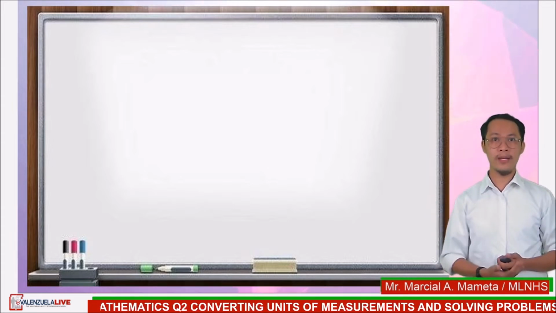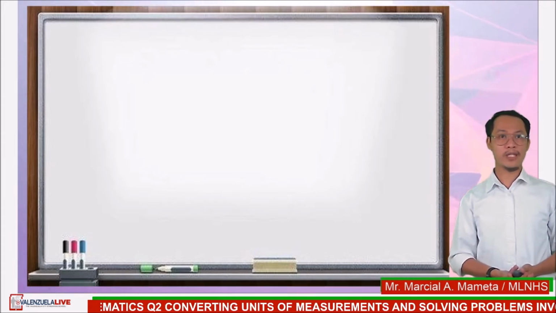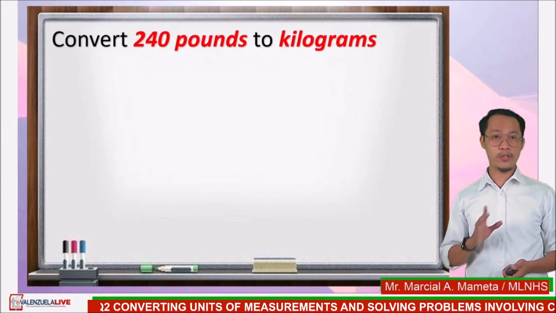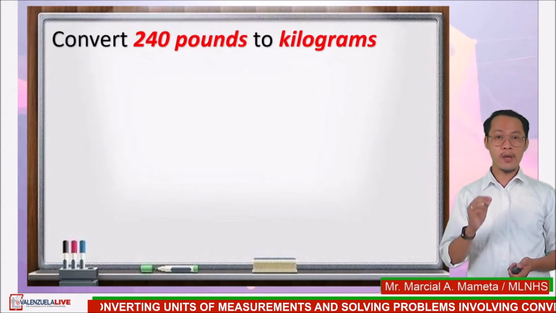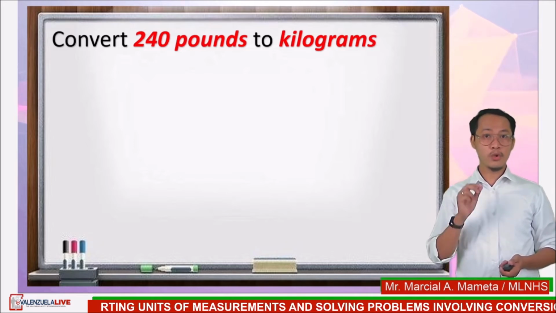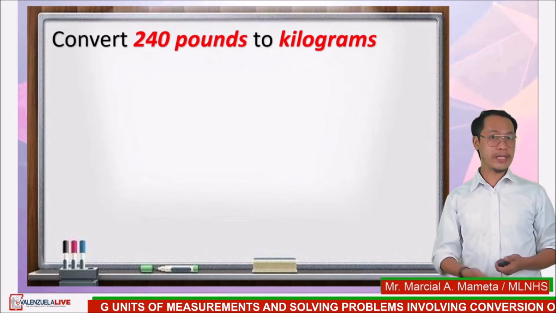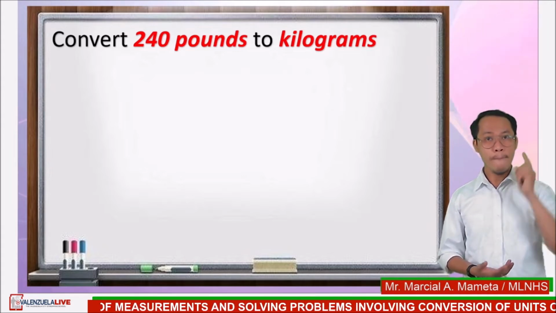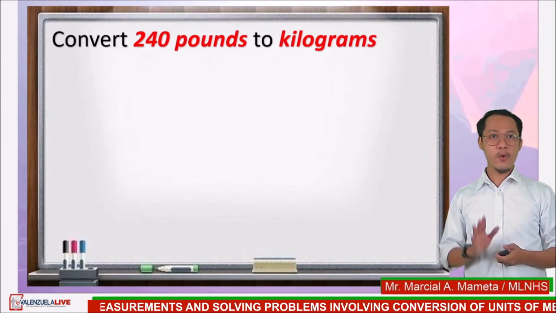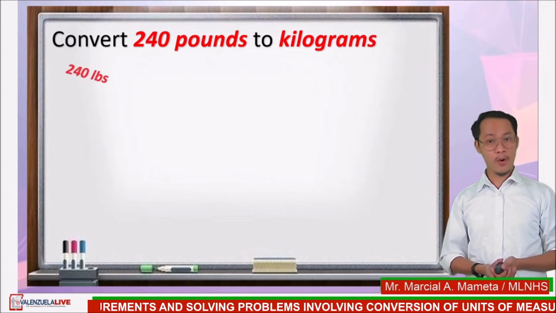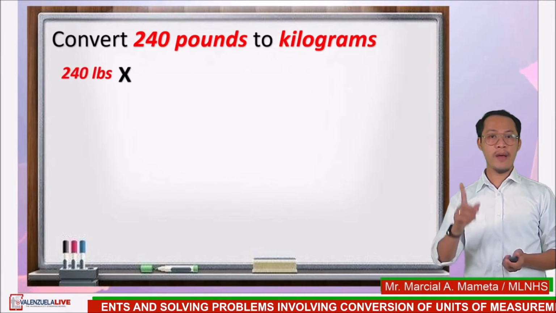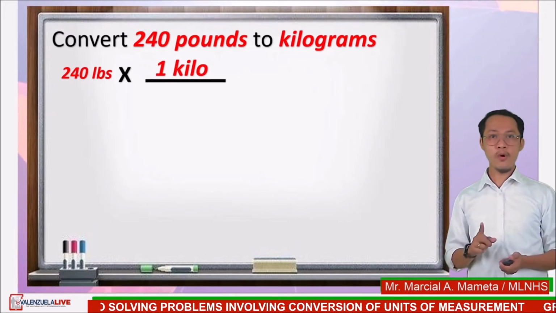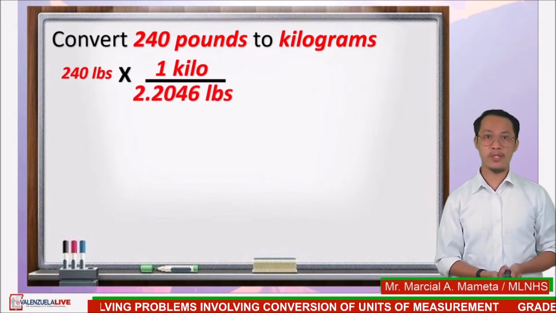Let us have one last example. This time, let us try to convert 240 pounds to kilograms. So in this example, we need to convert from the English system to the metric system. Again, we have 240 pounds multiplied by 1 kilogram over 2.2046 pounds.